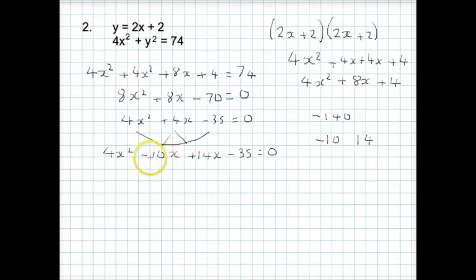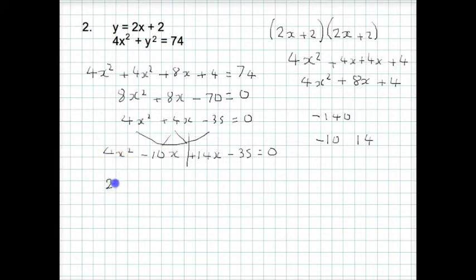See, I put the 10 there because it factorizes better with the 4. They're both even numbers, and the 14 here will factorize with the 35 because 7 goes into both of them. So if I split these down the middle, then what occurs in both? Well, we've got 2x occurring in both of these.